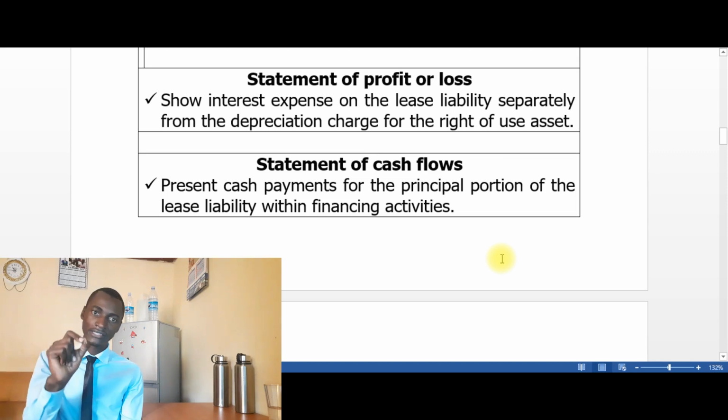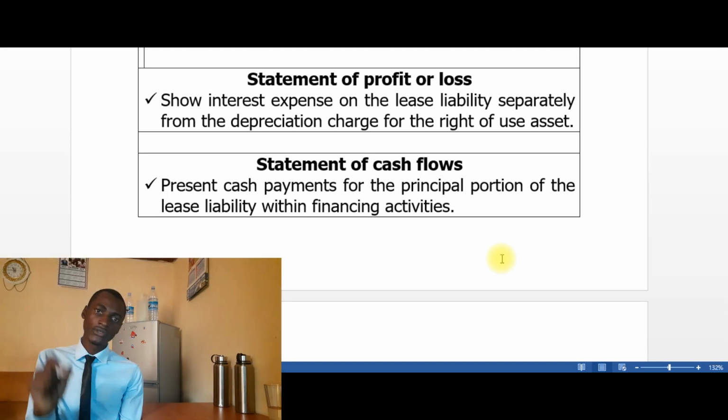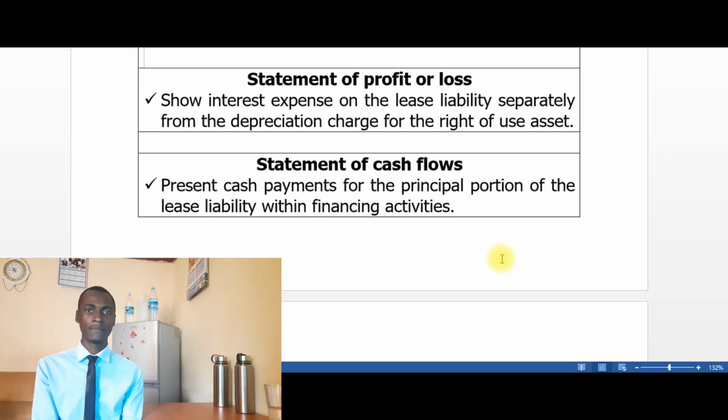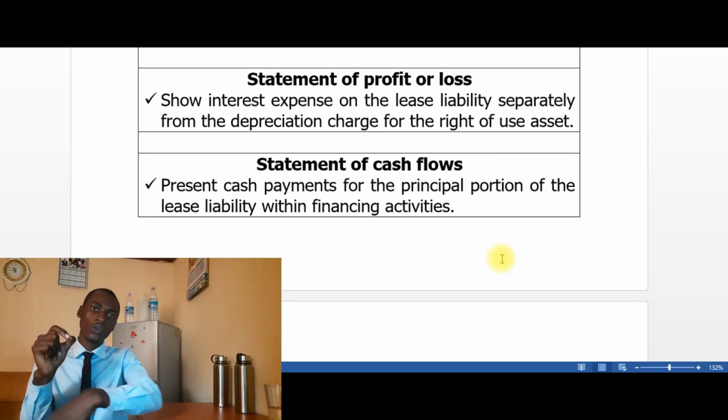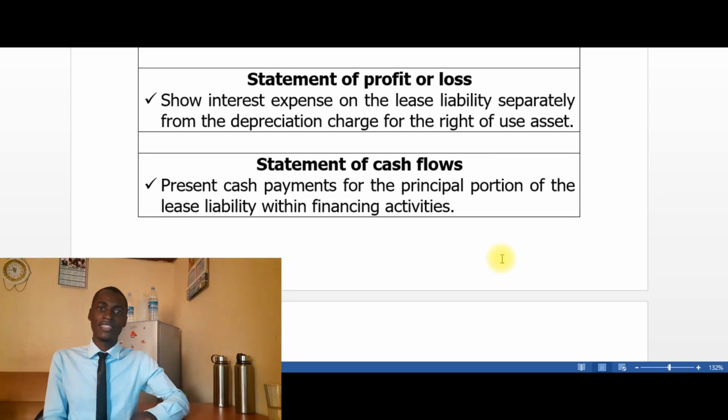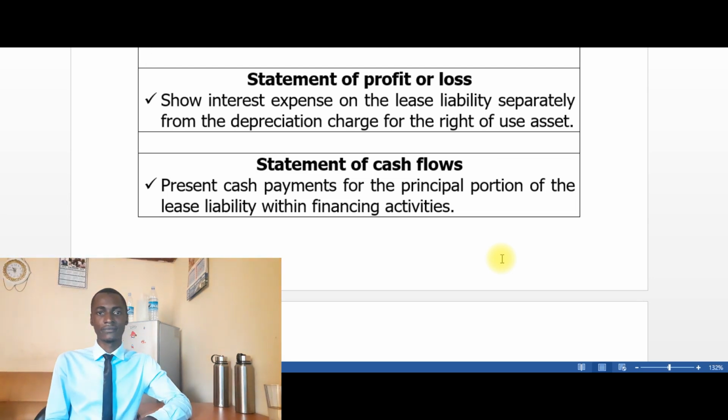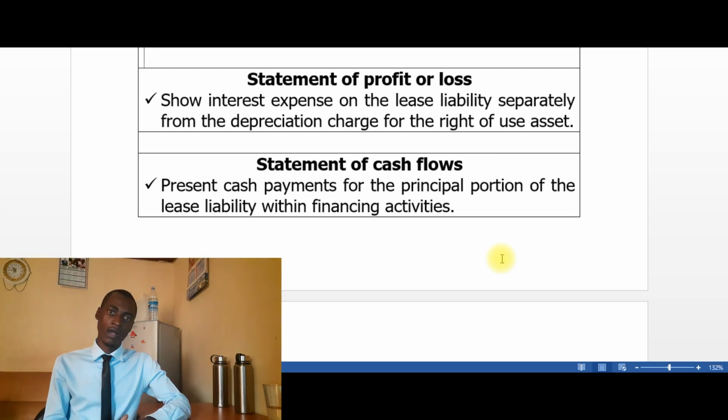So you carry this asset at its cost, less accumulated depreciation and accumulated impairment losses. You can either present the asset separately from other assets, or you can present it within other assets. Okay? Don't forget that you can also make a disclosure note about the right of use asset.